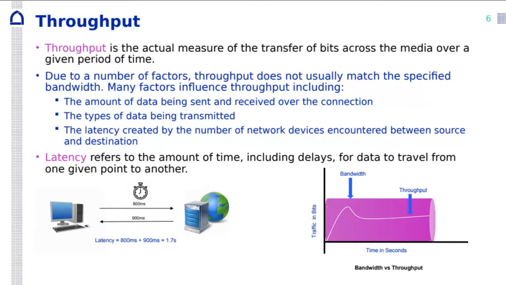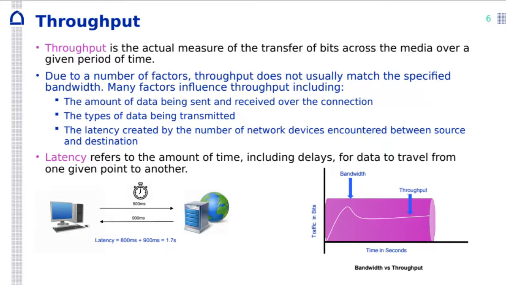We have another term which is latency. It is the amount of time, including delays, for data to travel from one given point to another. So here, if this computer is sending a packet to the server, you see it's taking 800 milliseconds.